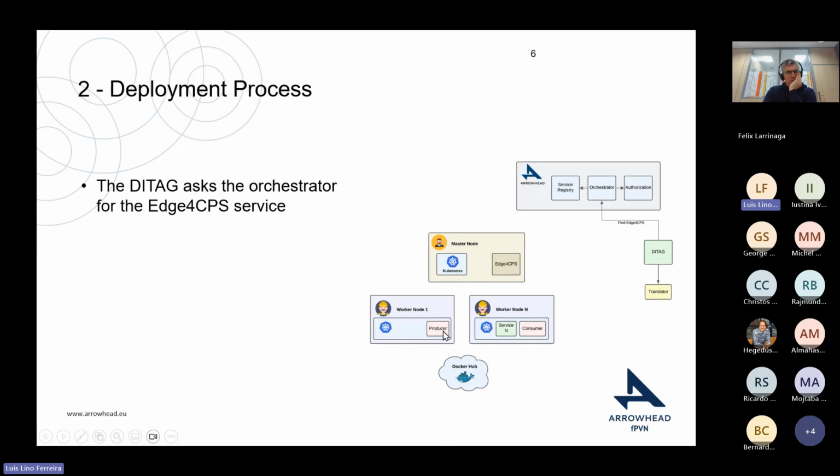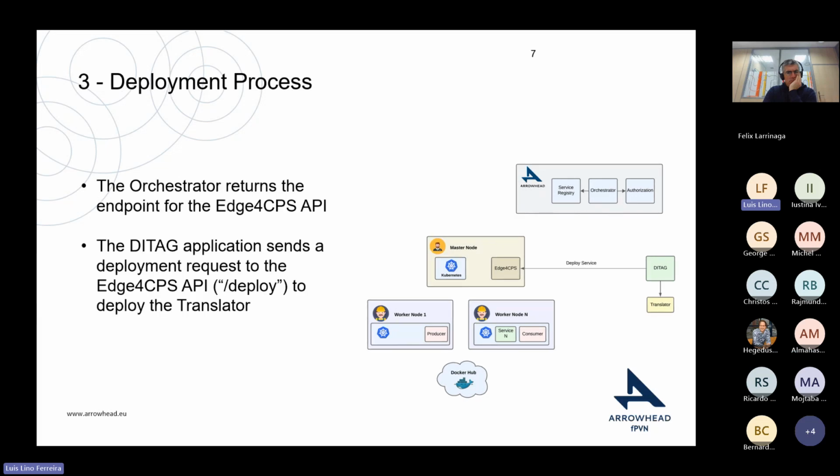Okay. Then it is the tag that asks the orchestration for the EDGE4DPS service to instantiate, to make the deployment of the translator. Okay. The orchestrator returns the endpoint of the EDGE4DPS API. After that, it's as easy as sending a command to the EDGE4DPS to make the deployment of the translator in a node.